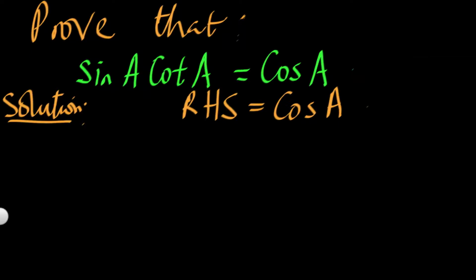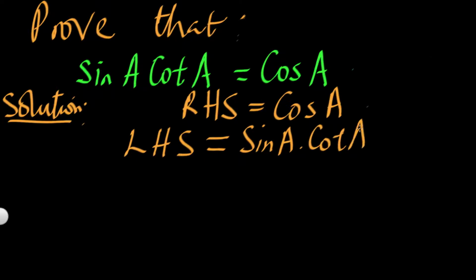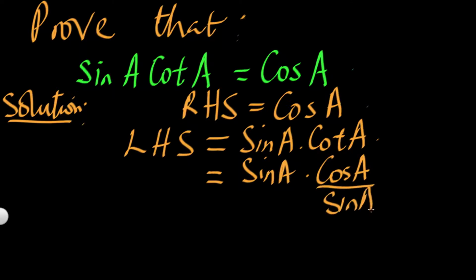So I have here LHS, which is my left hand side, is sine A times cot A. But I know something about cot A. Cot A is the inverse of tan. So tan is sine over cos, which means cot is cos over sine. I'm going to use that knowledge here and replace cot A with cos A over sine A.